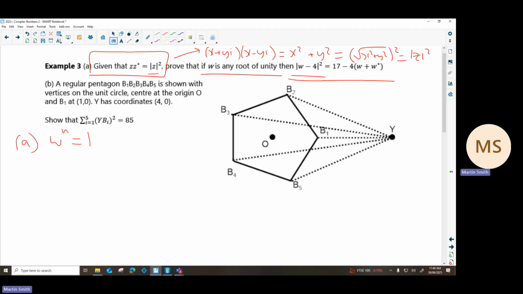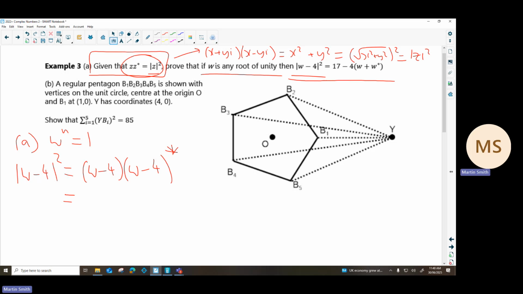I've got to prove this, so start with the left-hand side, mod of W minus 4 squared. I'm going to use this rule to rewrite that and then hopefully get to the expression on the right-hand side. So according to this rule, mod of (W minus 4) squared is the same as W minus 4 multiplied by the conjugate of W minus 4.